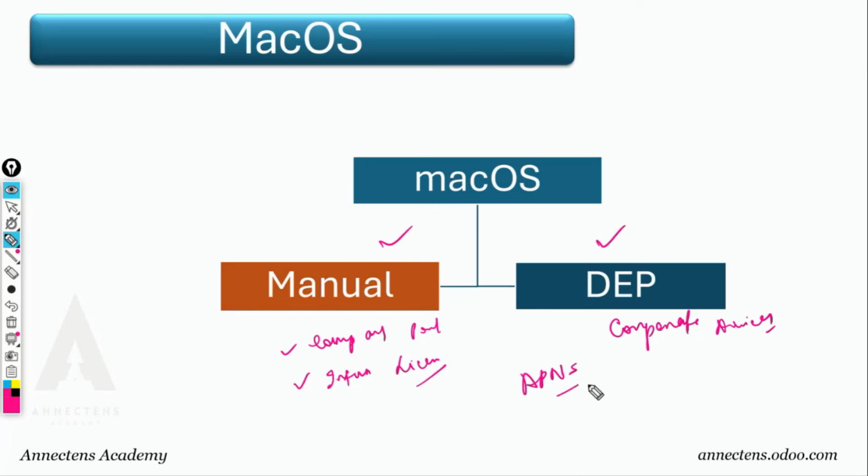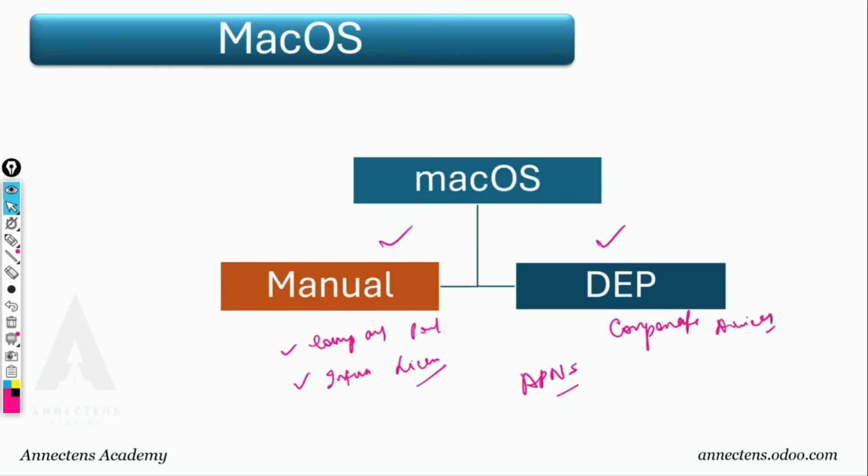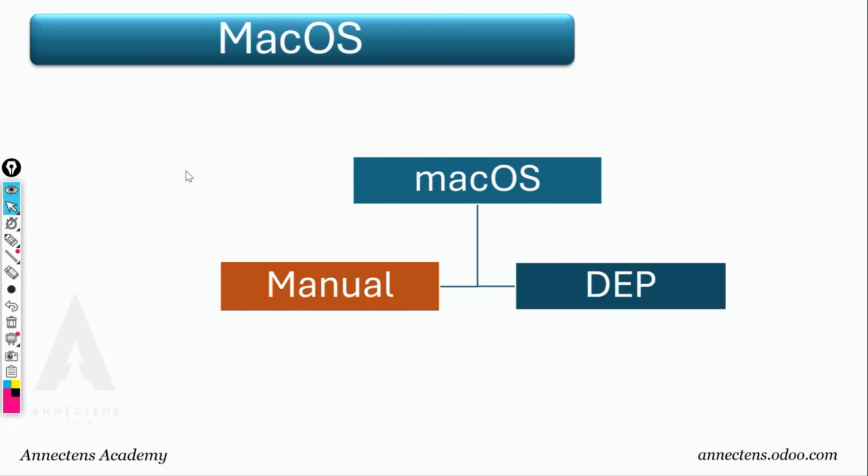Then if you're setting up DEP, we require a DEP profile, a DEP token, and we need to upload the serial numbers to your ABM.